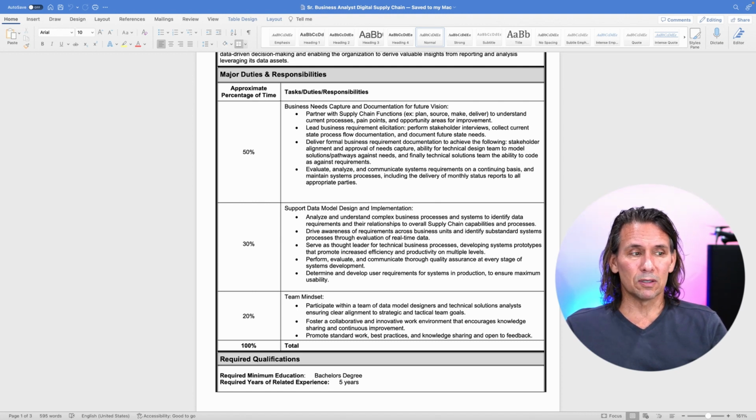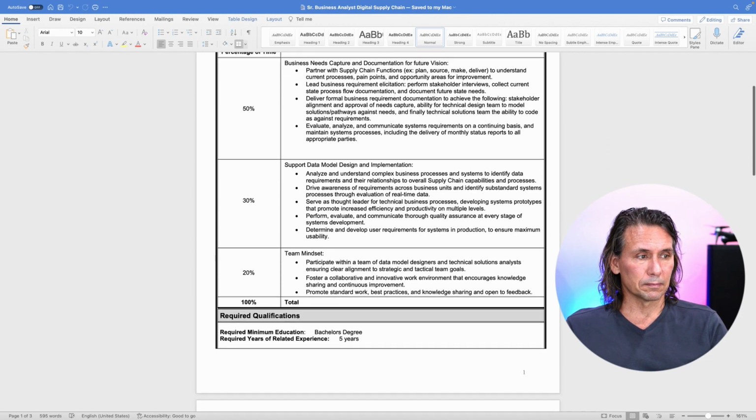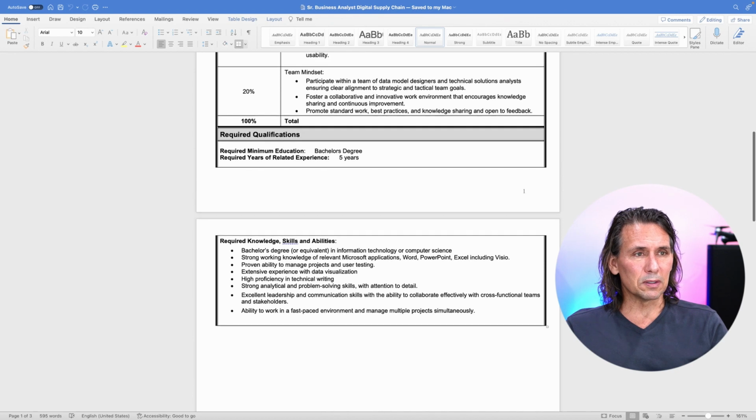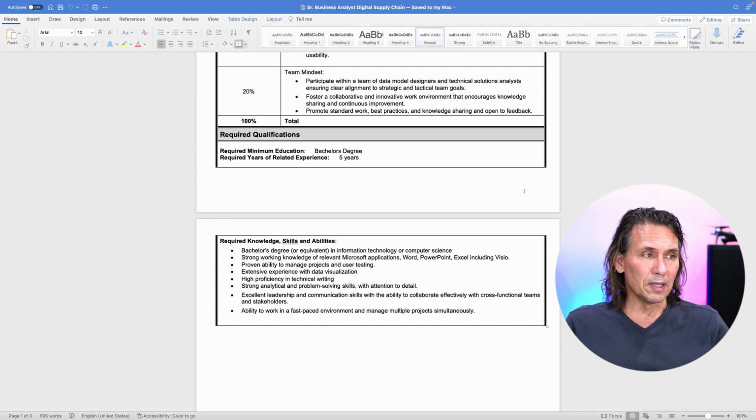Let's move on to the required qualifications. This will help you see why they're looking for more of a senior role. Of course, you see a bachelor's degree, but then you see 5 years of experience.